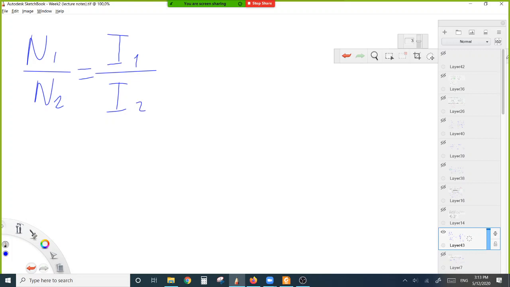No. The turn ratio was primarily V1 over V2 or I2 over I1. Because turn ratio N1 over N2 is equal to V1 over V2, or N1 over N2 is equal to I2 over I1. Please don't forget and don't confuse.